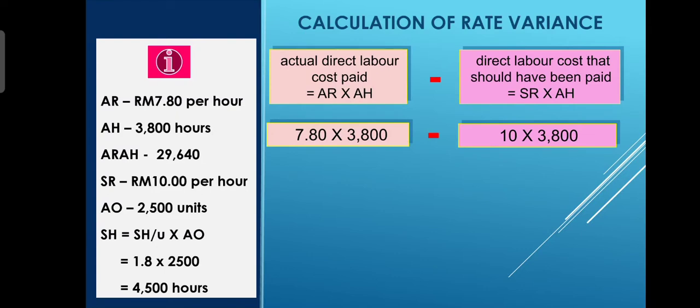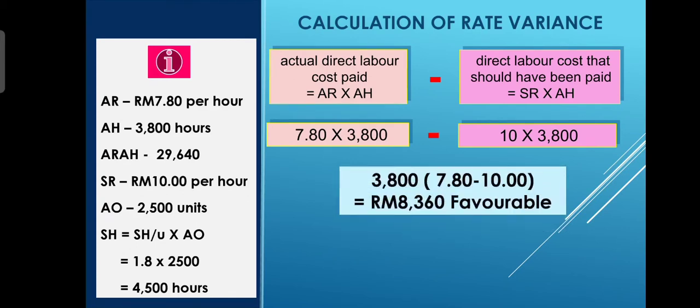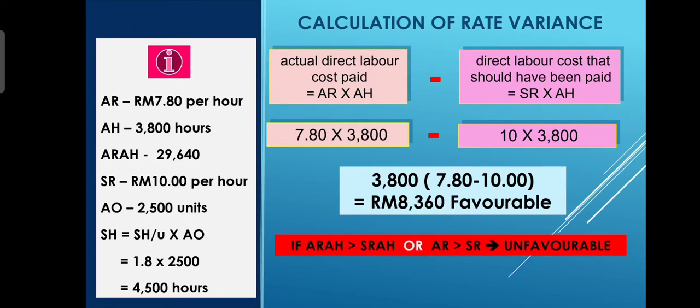Is it favorable? Is it unfavorable? Correct. It is favorable, RM8,360. Because the AR is less than SR.